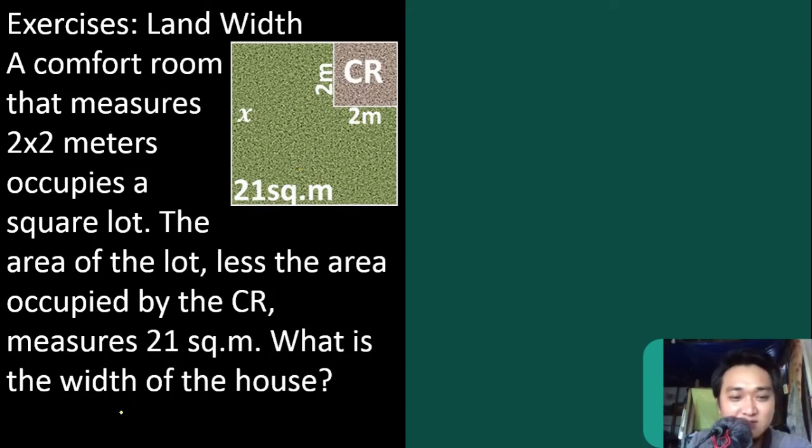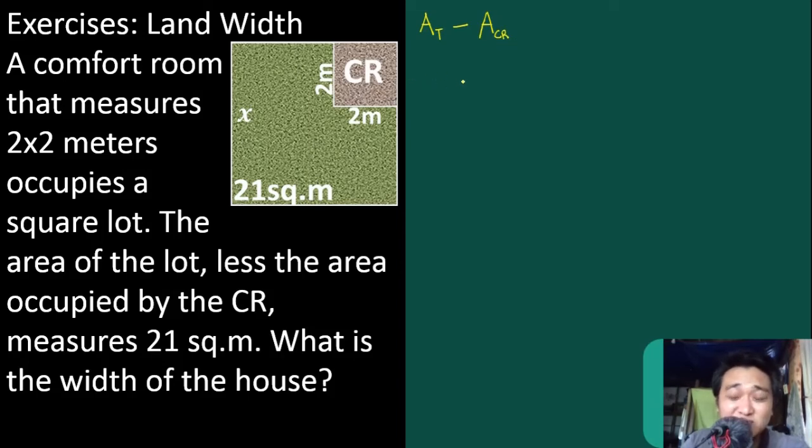Before we can find the width of the house, we need to first find the area of the whole square lot. So, let us represent the whole square lot by A sub T, the total area. The total area of the square lot minus the area occupied by the CR.